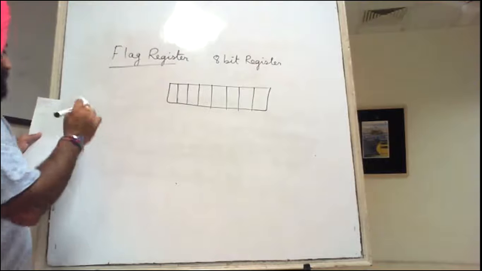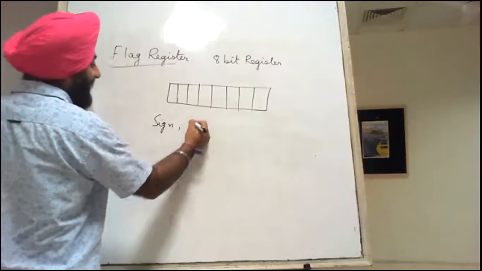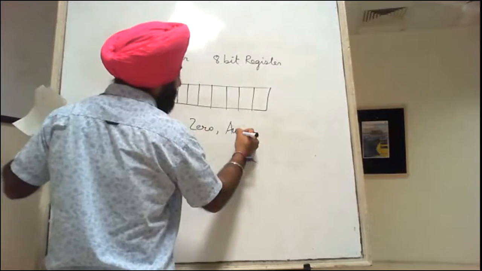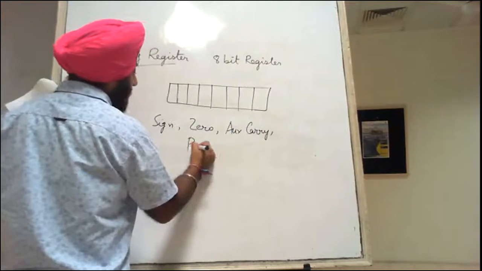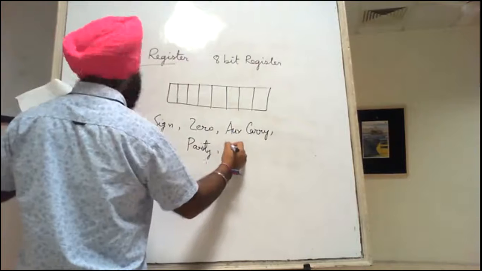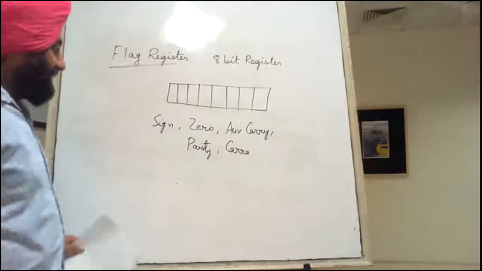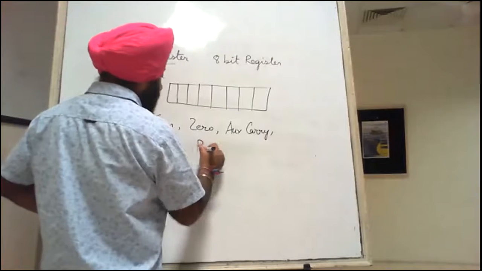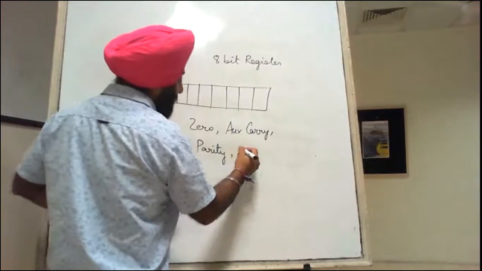So what are those flag bits? The first is the sign flag, then the zero flag, then the auxiliary carry flag, then the parity flag, and the last one is the carry flag. So these are the 5 flags used in the flag register.